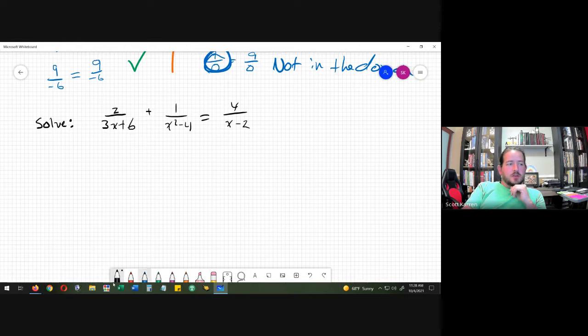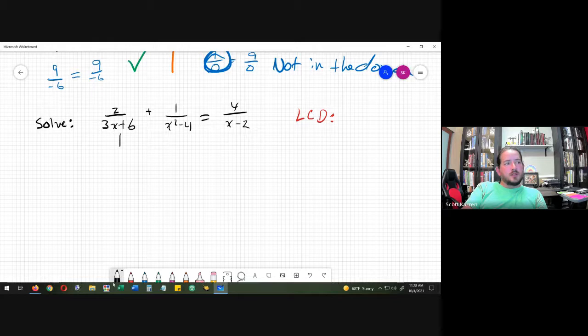So again, if I want to clear my denominator, I need to find the lowest common denominator in order to multiply it through, right? So that probably means that I want to factor my denominators, because I can figure out what the lowest common denominator is if I know what the factors that make up these guys are.